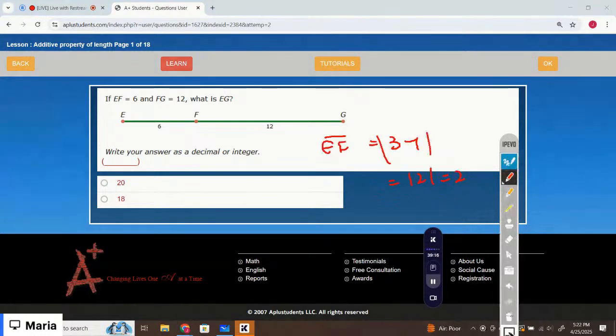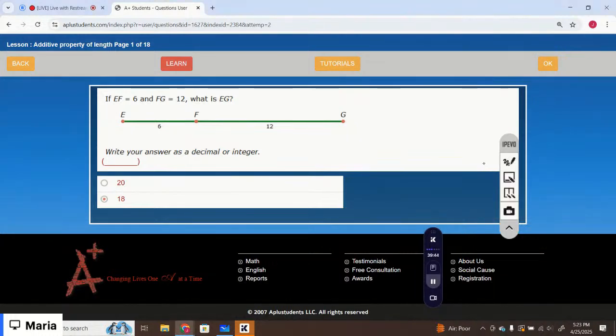So EG equals EF plus FG. EF is 6 plus FG is 12. So 12 plus 6 is 18. Option number 2 is the correct option.